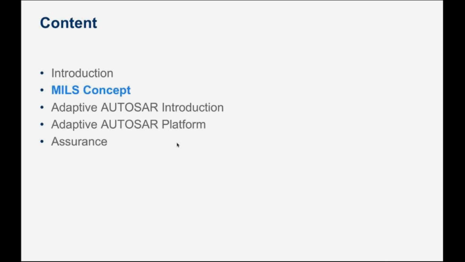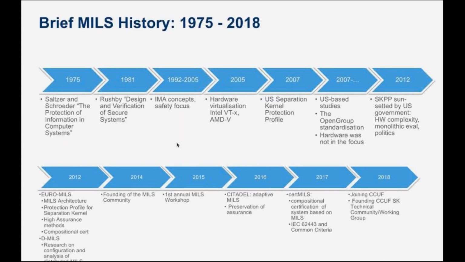In order to create a safe and secure system, we have been working on something called the MILS concept. It's actually a concept that started fairly early in the 70s in a book from Saltzer and Schroeder about protecting information in computer systems. So you see that this is not only a modern day challenge that we have, the security of computer systems. It has already started fairly early in history with people making ideas about how to handle this.